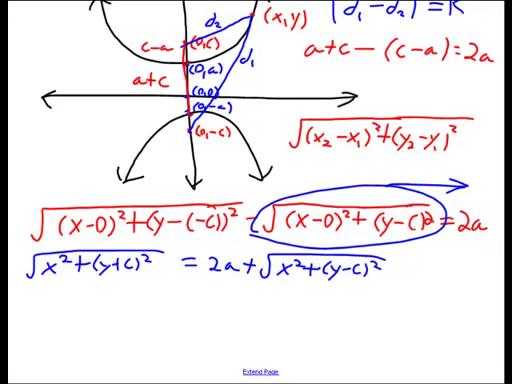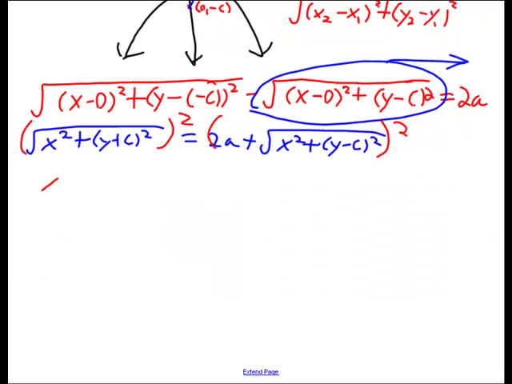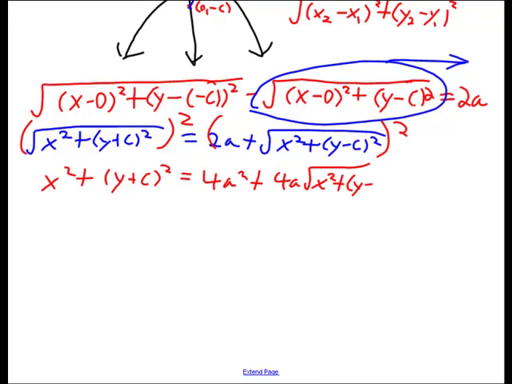So then if we square both sides of this equation, on the left side we clear our radical. That'll simply be x squared plus (y plus c) squared. And on the right side we FOIL it out. We'll get 4a squared plus 4a times the square root of x squared plus (y minus c) squared. And then we'll have the radical squared, so that just clears the radical, and we have x squared plus (y minus c) squared.